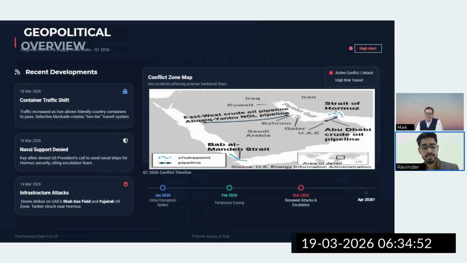Next, Iran has recently targeted the UAE's Shah gas field and Fujairah oil zone, which has increased uncertainties in an already uncertain global crude oil market. This is the latest development I wanted to talk about.